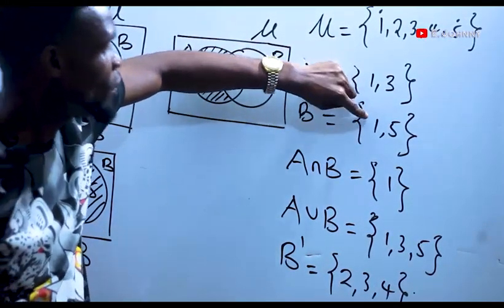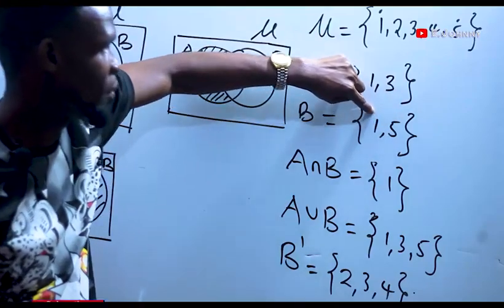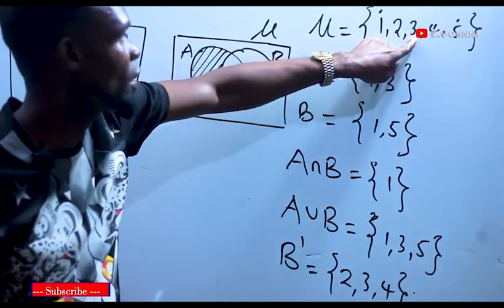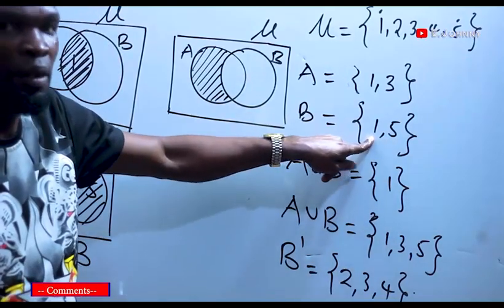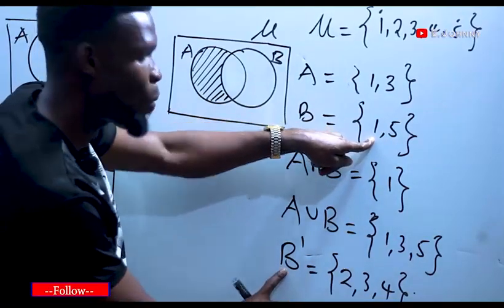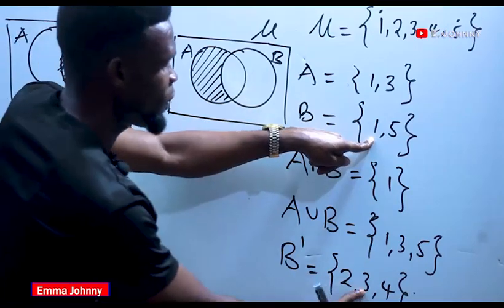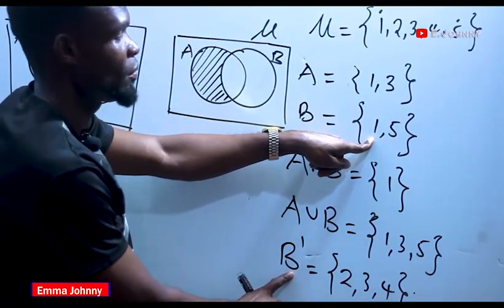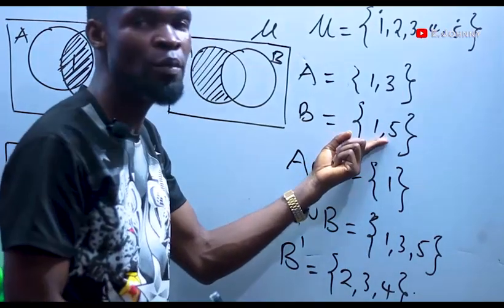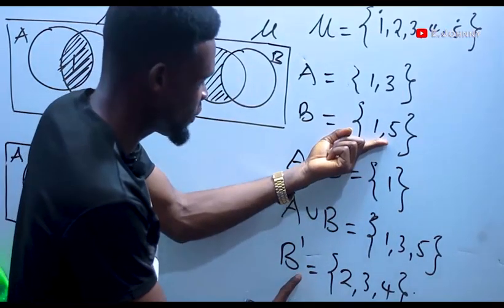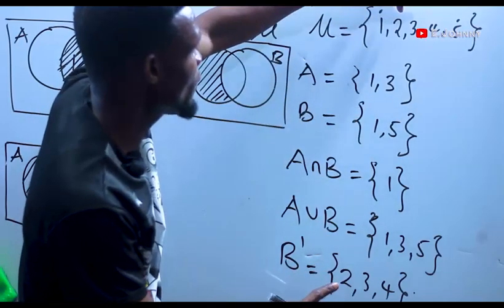So that means that those elements that are not in set A, what are they? 2, 3, and 4. Those elements that are not in set B, they are in the complement set 2, 3, and 4. So I said B complement means those elements that are in the universal set, 2, 3, and 4.